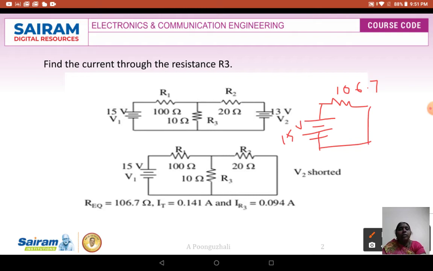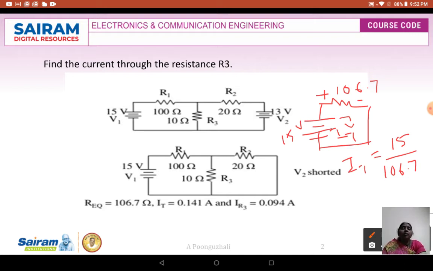So this is the circuit. Now I assume the total current IT enters like this, this is plus, this is minus. So IT is equal to 15 divided by 106.7, which is approximately 1.41 amps.